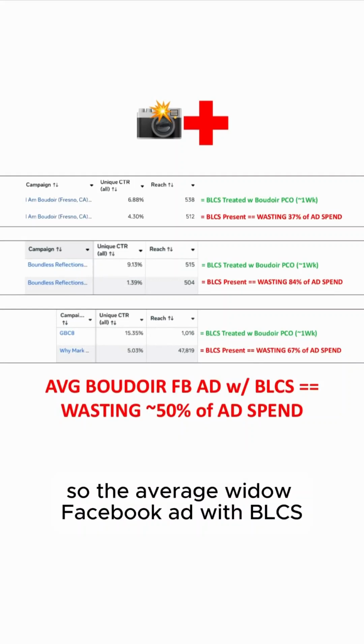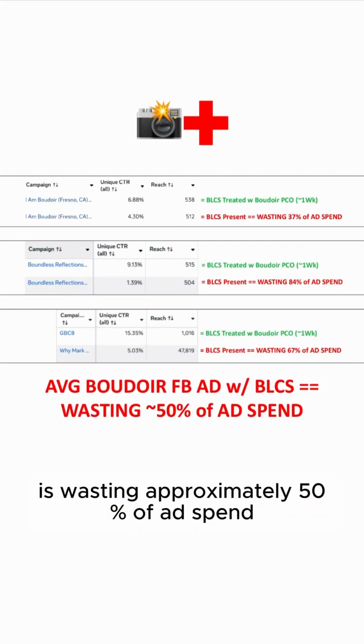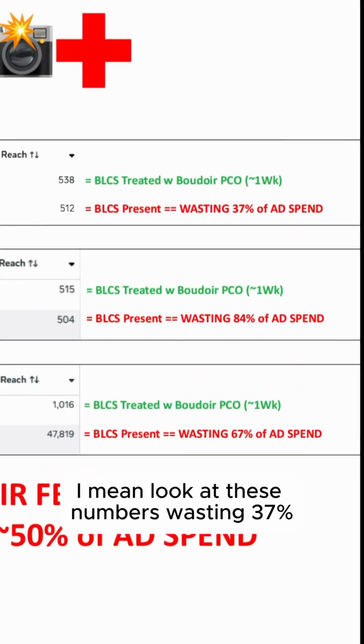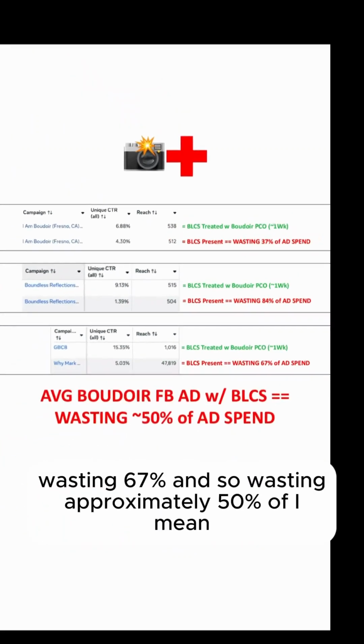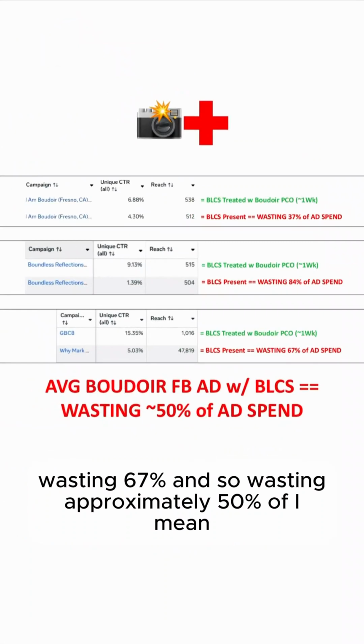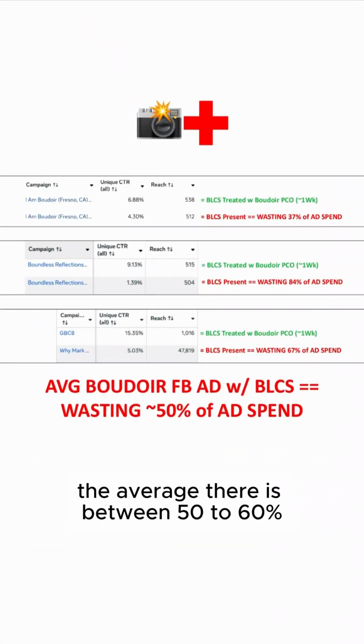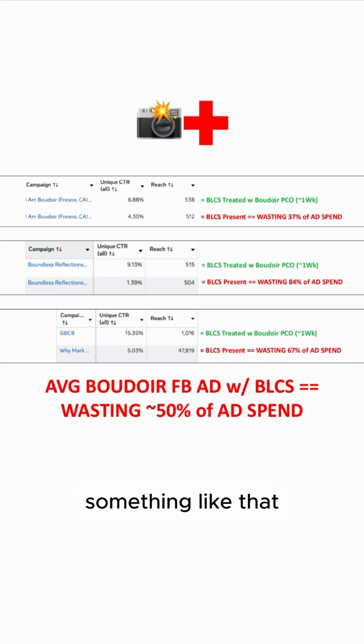So the average Boudoir Facebook ad with BLCS is wasting approximately 50% of ad spend. Look at these numbers: wasting 37%, wasting 84%, wasting 67%. The average there is between 50 to 60%, something like that.